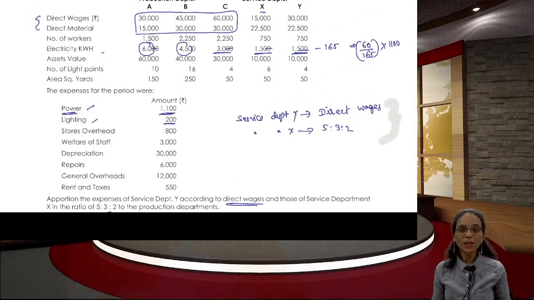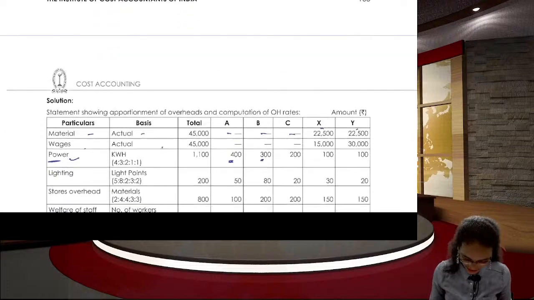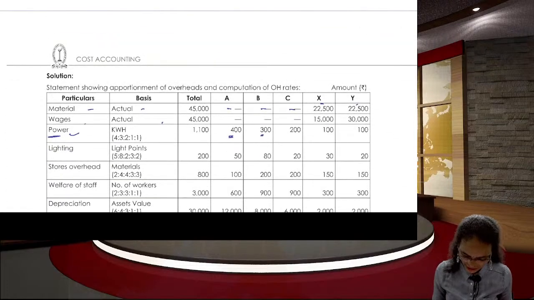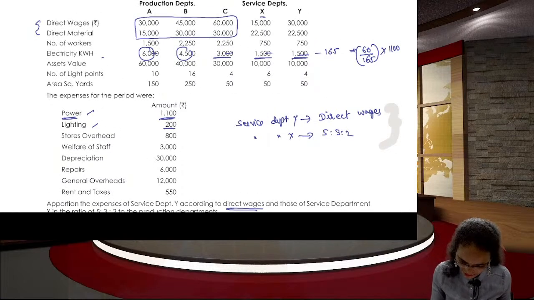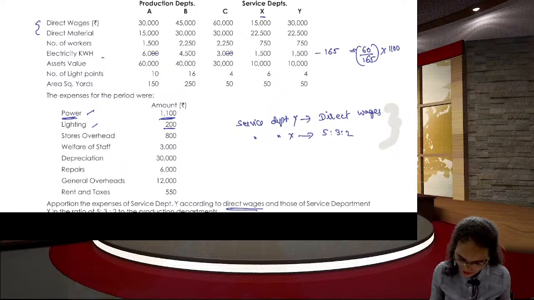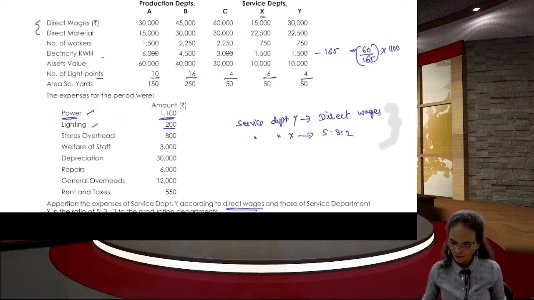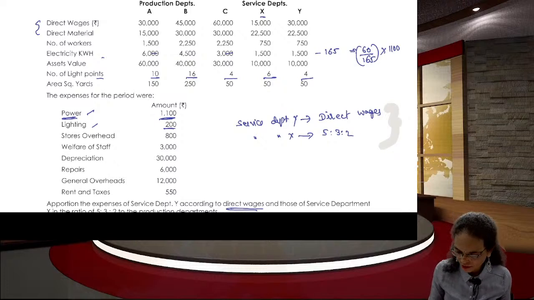Lighting, I told you when the number of light points are given, you take on that basis. If not, go for the area basis. See, lighting, light points are given. So what is the light point? Number of light points: 10, 16, 4, 6, 4. 10 plus 16 plus 4 plus 6 plus 4, nothing but 40.